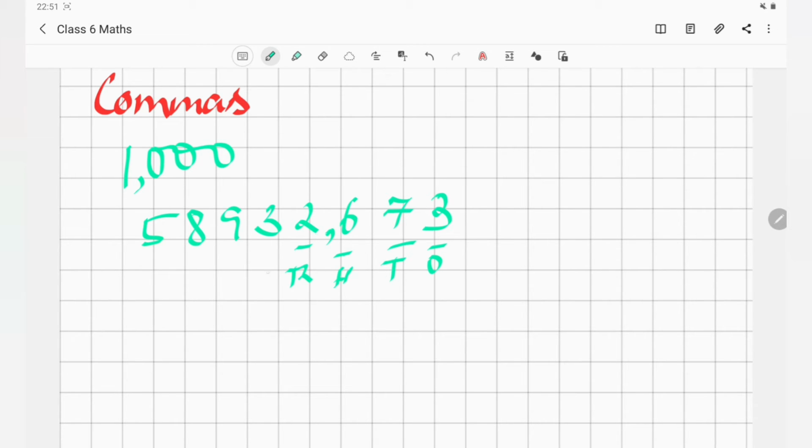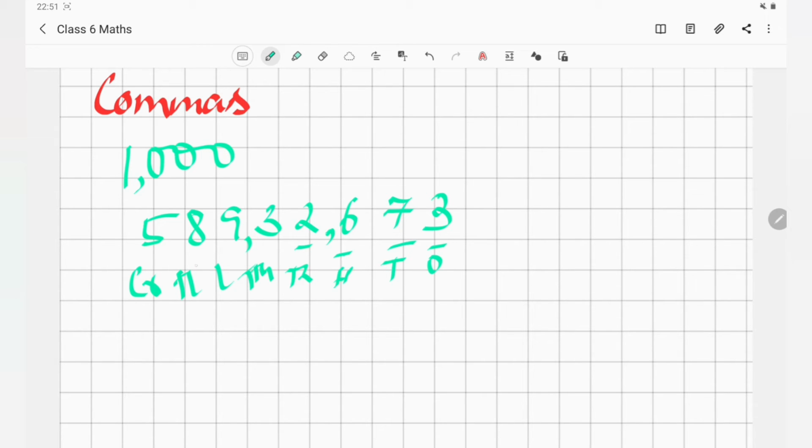Then I have to mark lakh. So after 1000 there will be 10,000 and then lakh, right? So between 10,000 and lakh I have to place the next comma to signify it has a value which is worth a lakh, and then after lakh, there will be 10 lakh and then crore, right?